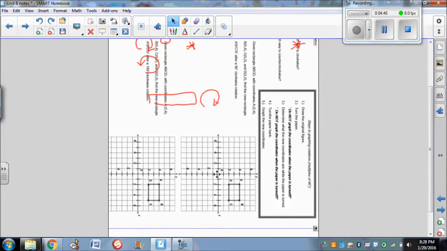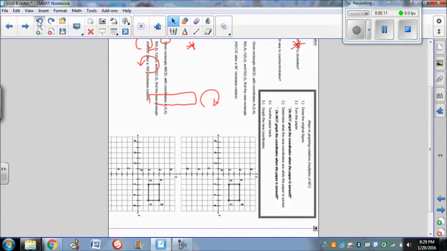What would the new C be? C would be 2 to the right and 5 down. So C prime is 2, -5. Put it on your scrap paper. And D prime would be 2 to the right and 2 down. That's 2, -2. So you should have 4 coordinates written on a scrap piece of paper.